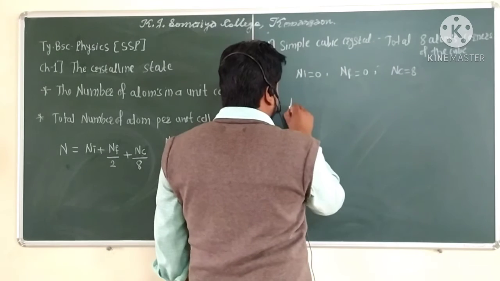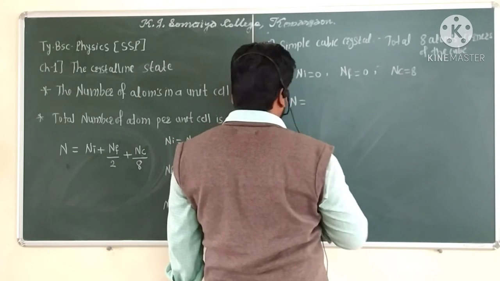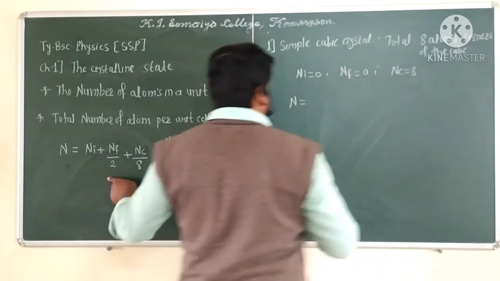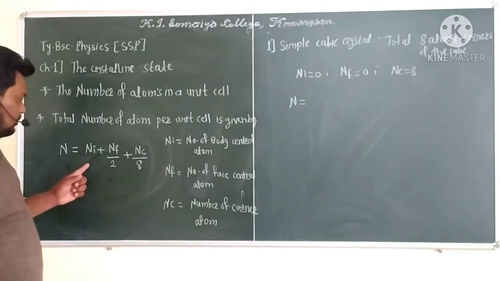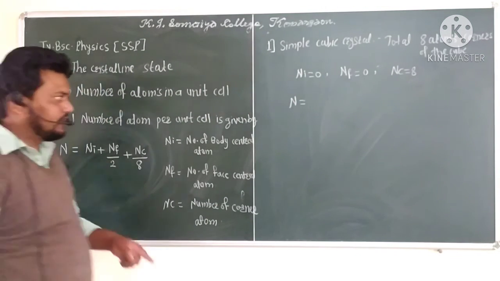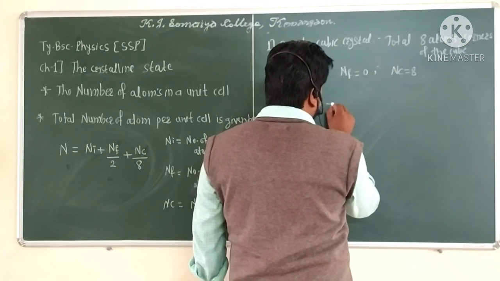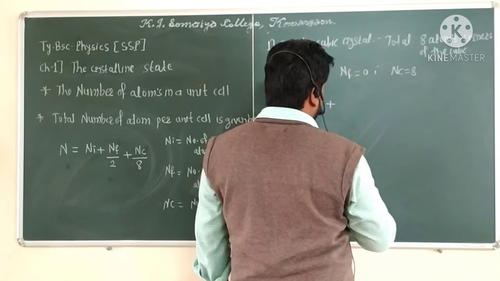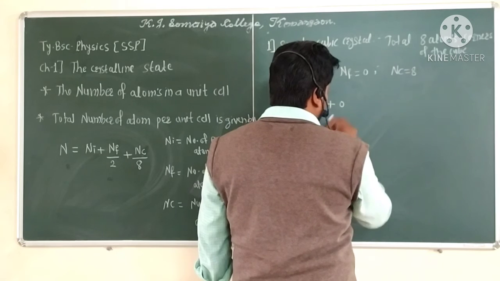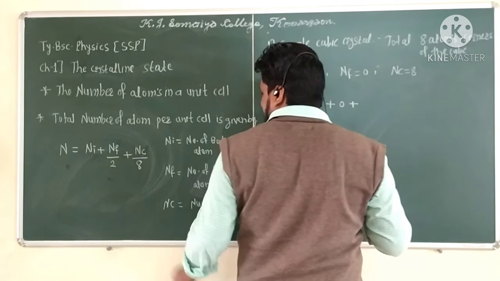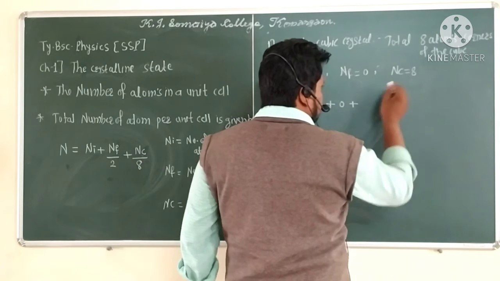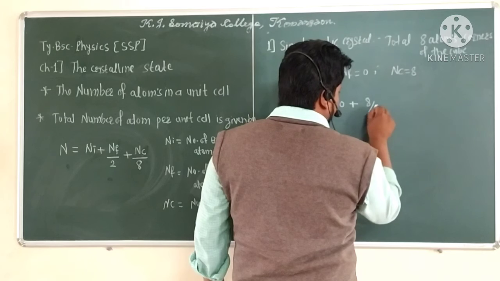Putting these values in the formula, Ni plus Nf by 2 plus Nc by 8: the Ni value is 0, the Nf value is also 0, so 0 by 2 is 0, and the Nc value is 8 by 8.